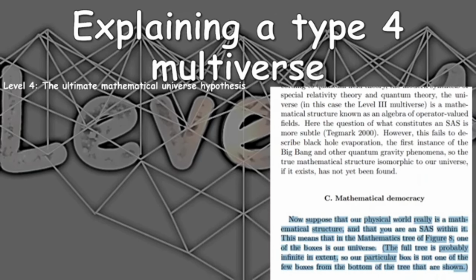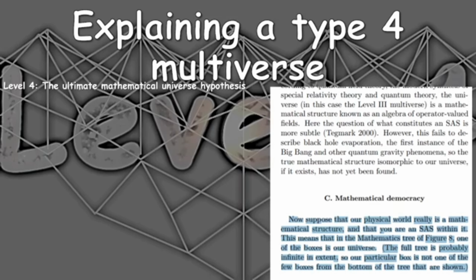This will be the next description. Once again, I'll have it read out to make sure no words are said incorrectly. Now suppose that our physical world really is a mathematical structure, and that you are an SAS within it. This means that in the mathematics tree of figure 8, one of the boxes is our universe.